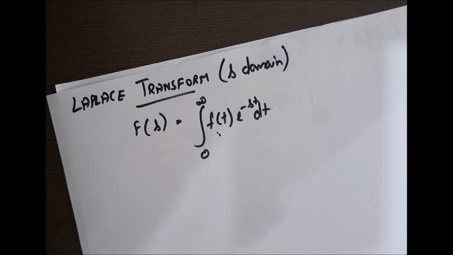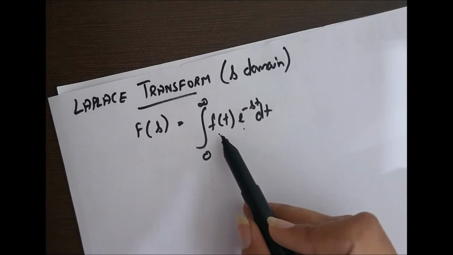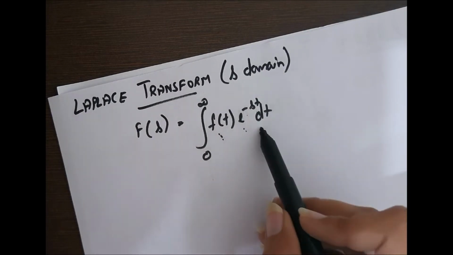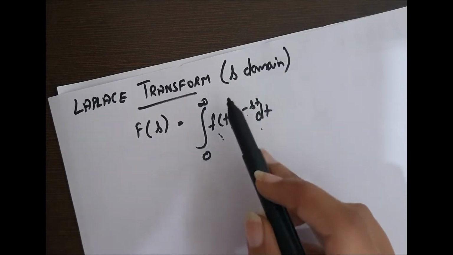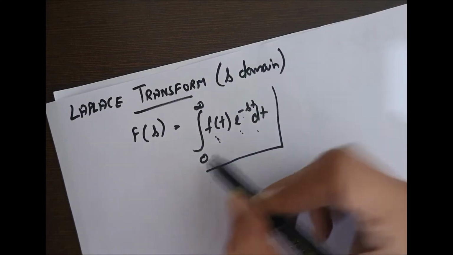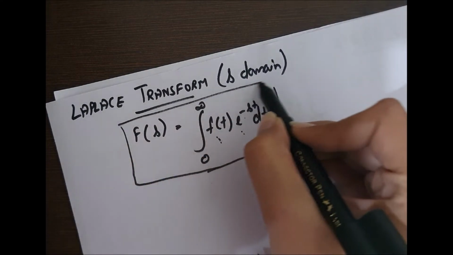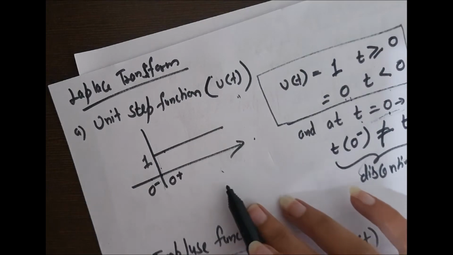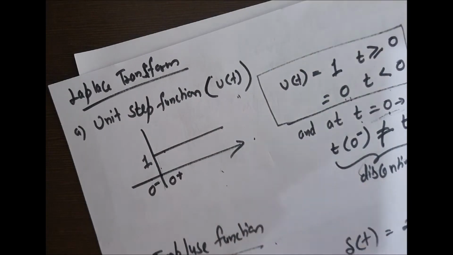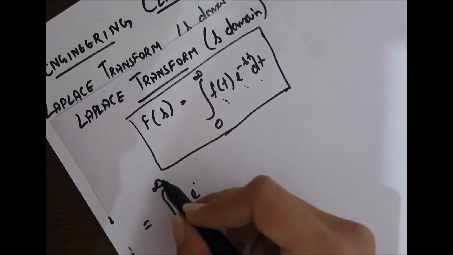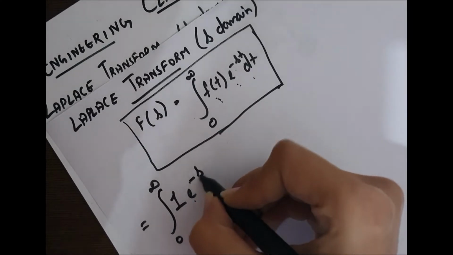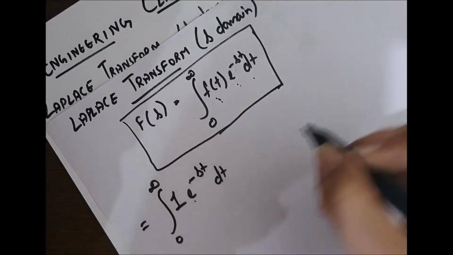So to convert a function from t domain to S domain, we use this method, that is f(t) exponential minus st dt, integration from 0 to infinity. To convert a function from time domain to S domain, first of all we find the Laplace transform of u(t), that is 1 from 0 to infinity exponential minus st dt.